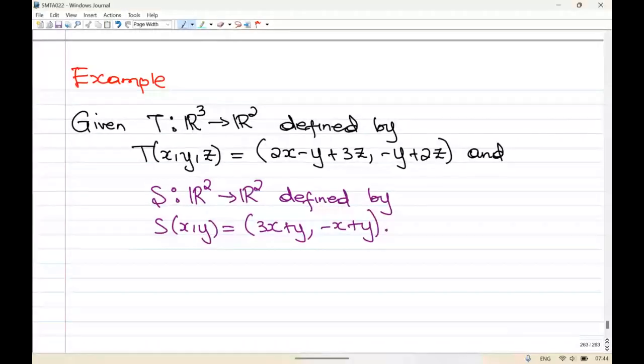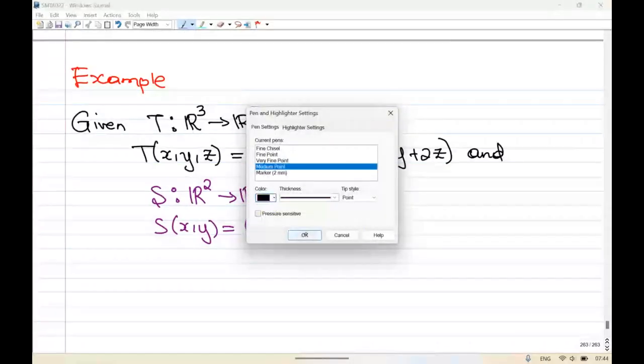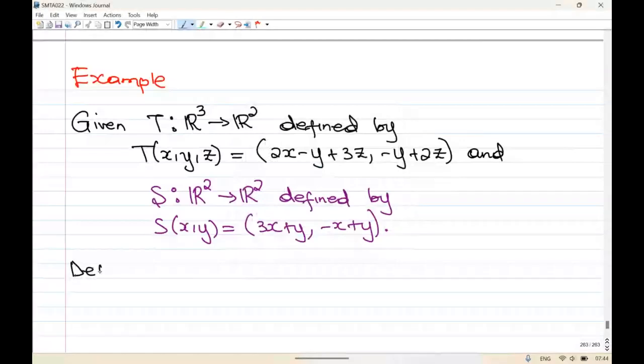So from here, the question says we must determine the TS. Have you ever met this example before?